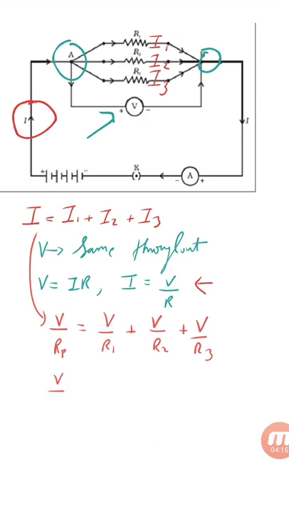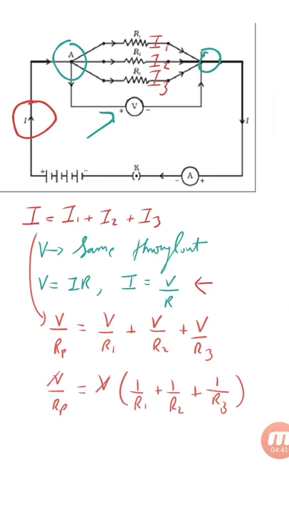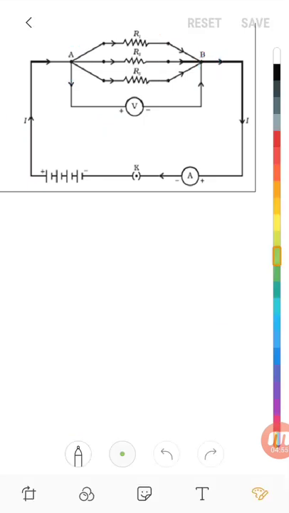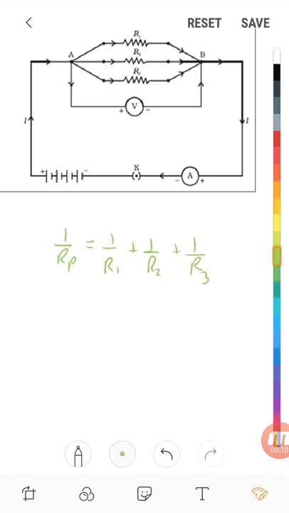Let's do some math. V is common, so we have 1 upon R1 plus 1 upon R2 plus 1 upon R3, and what we get is 1 upon Rp equals 1 upon R1 plus 1 upon R2 plus 1 upon R3. Here we have connected only three resistors, so it's up to R3.